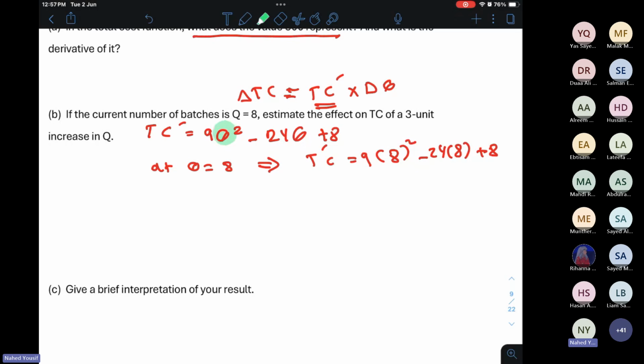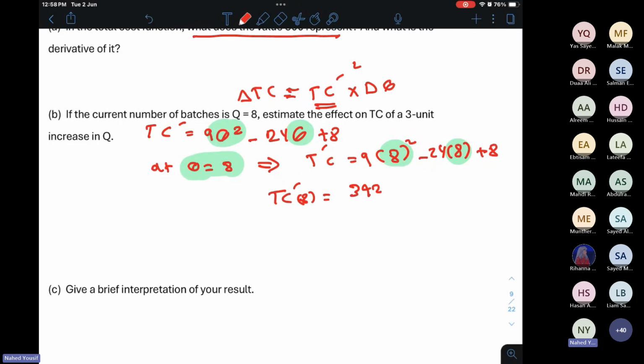We remove the Q and put the 8. After calculation, we get 392. This is TC dash at 8.